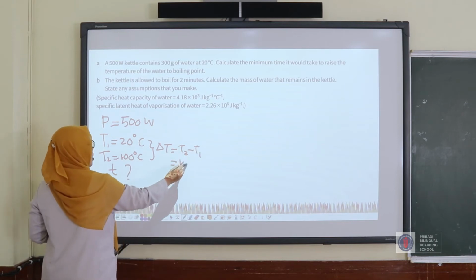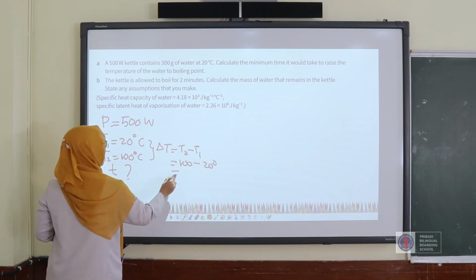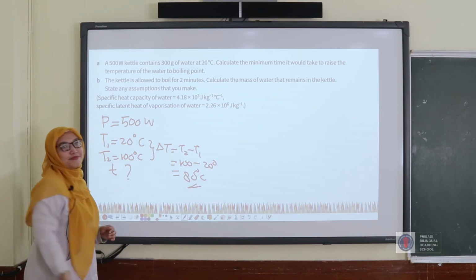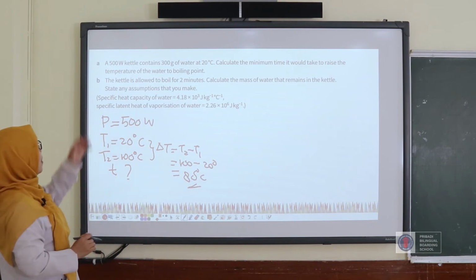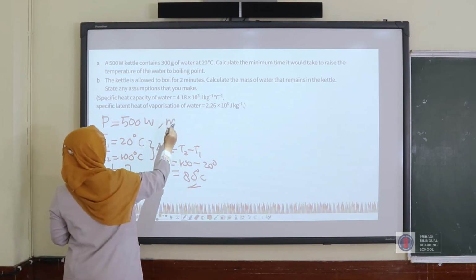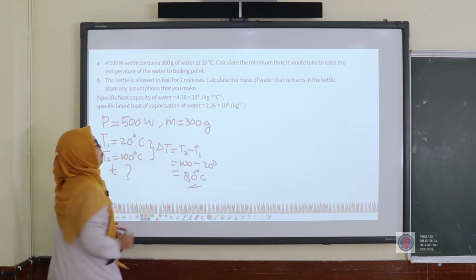T2 itself is 100, negative 20 degrees equals to 80 degrees Celsius. Okay. Oh yeah, I forgot one thing. The mass of the object, we can write it here. The mass equals to 300 gram.